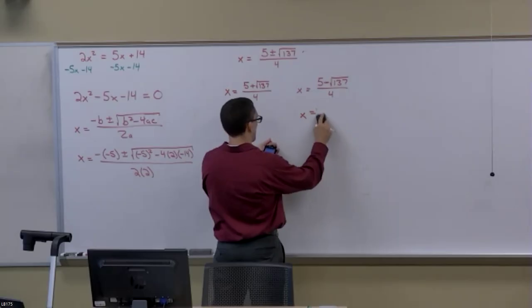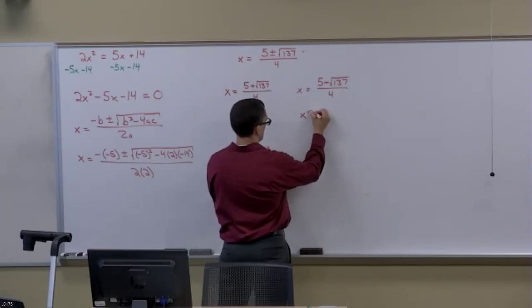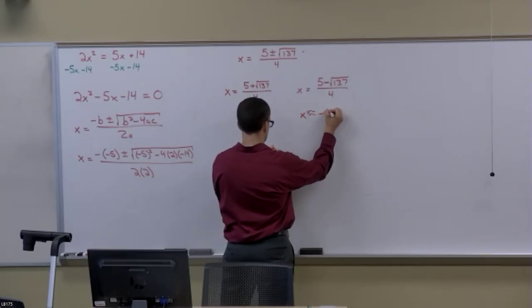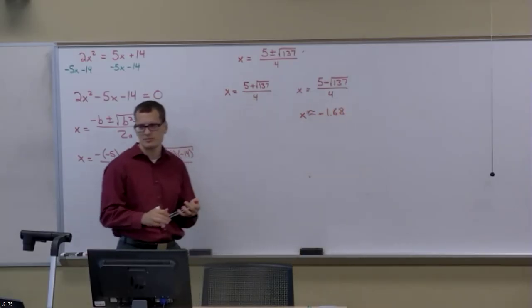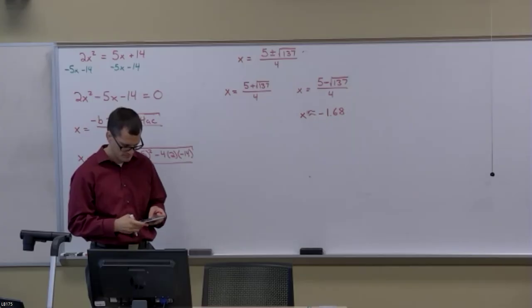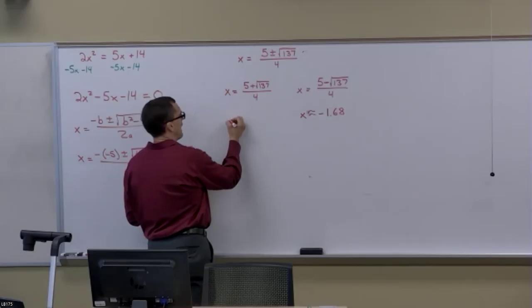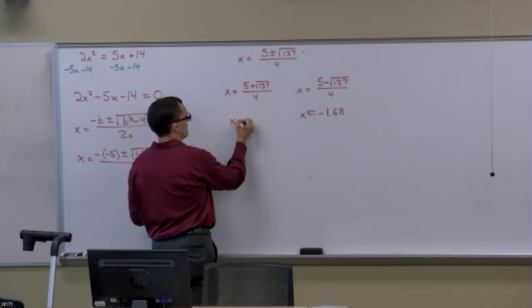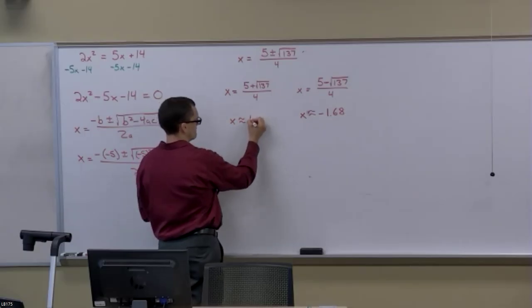That is approximately negative 1.68 if I round it to 2 decimal places. And the other one, when we take 5 plus square root of 137 over 4, I get about 4.18.